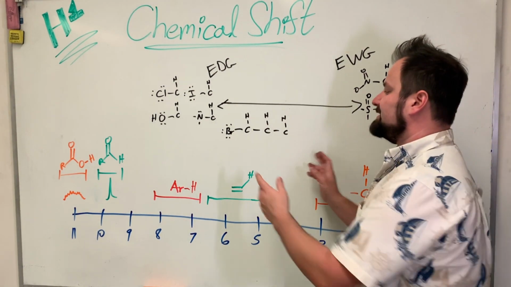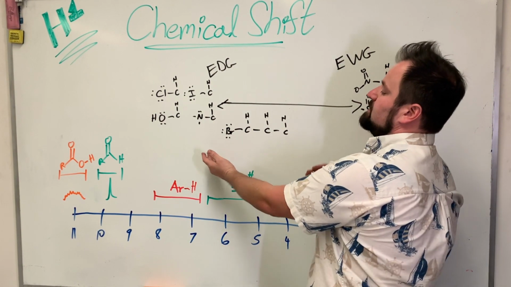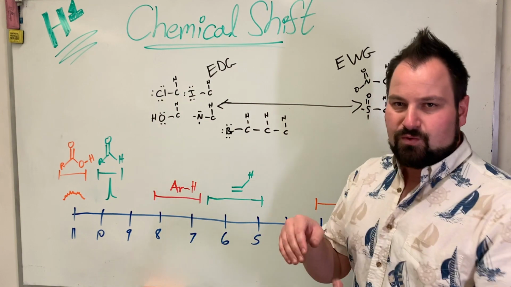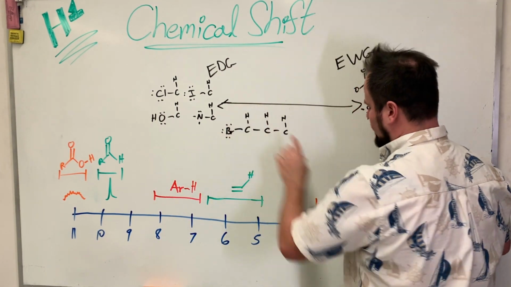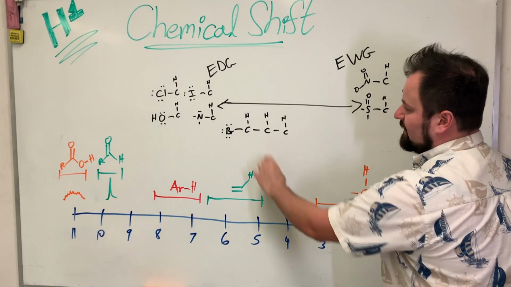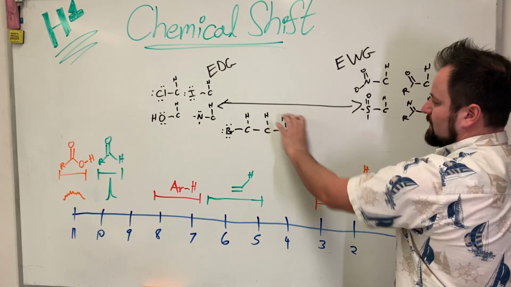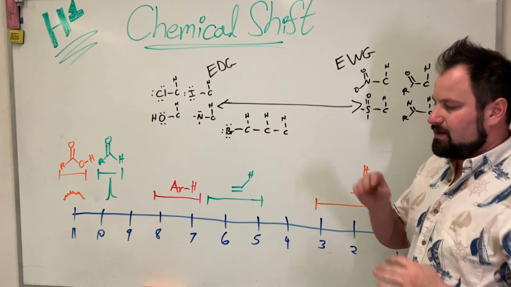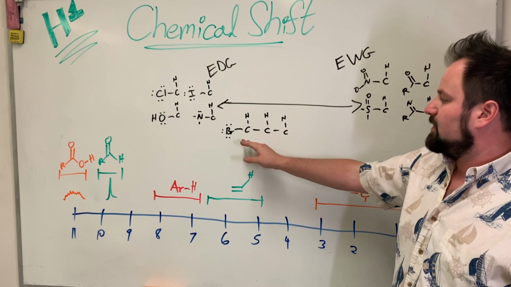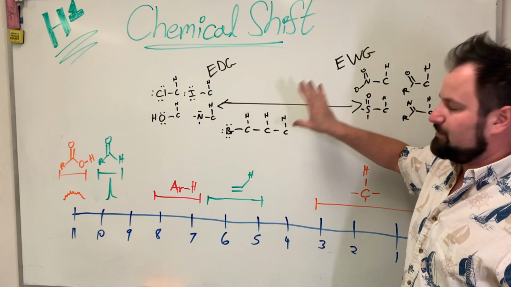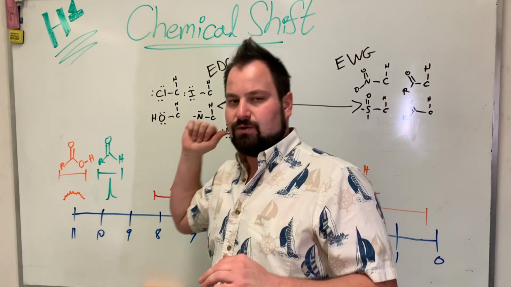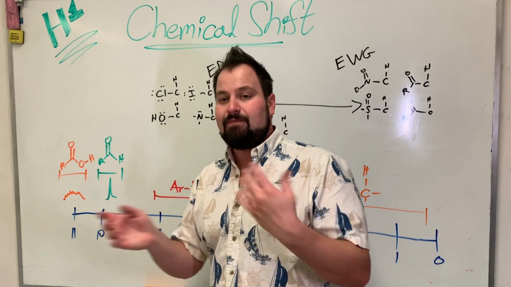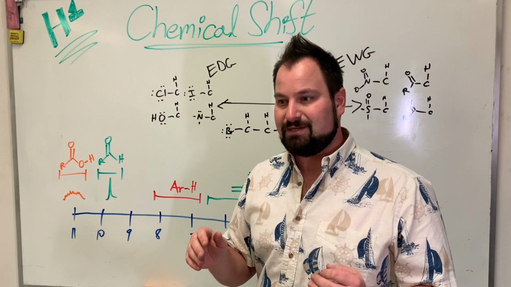This effect happens through the entire molecule, with decreasing effect at each one. So that first one here might be moved up a ton, this one a little bit less, and so on down the line. The same thing applies to electron withdrawing, and from that you can determine where things are positioned.